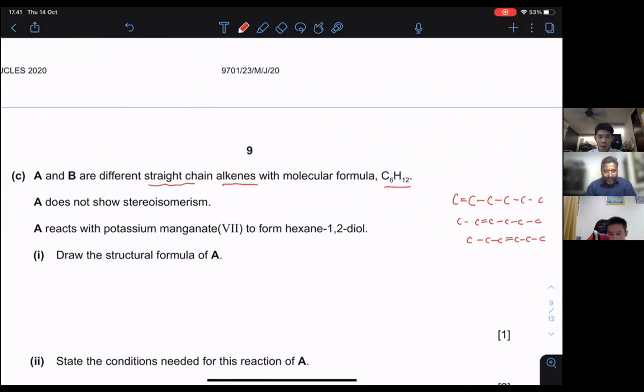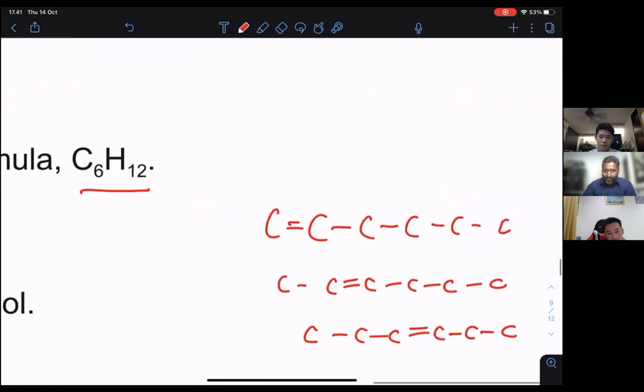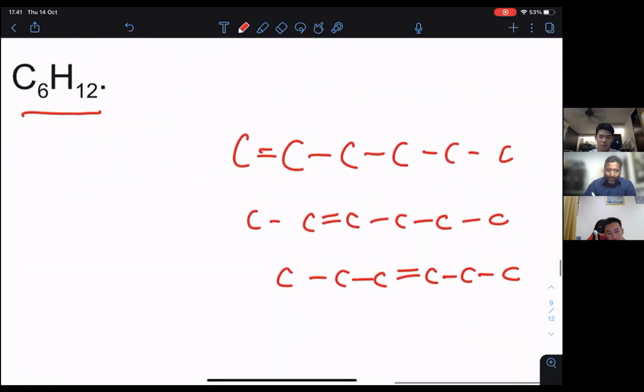But they say A does not show stereoisomerism. What is stereoisomerism? Stereoisomerism means there are cis and trans, and also optical isomerism. They don't have that. So let's see whether this one can have cis and trans or not.